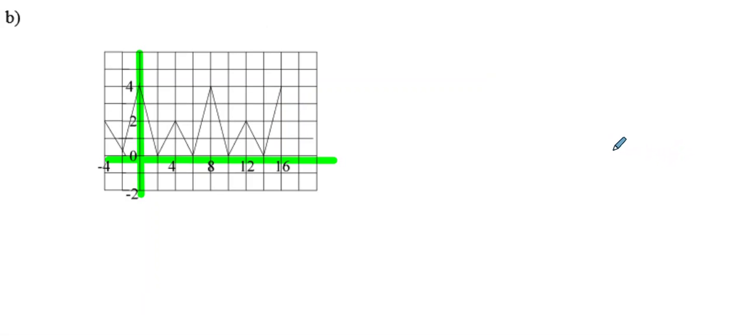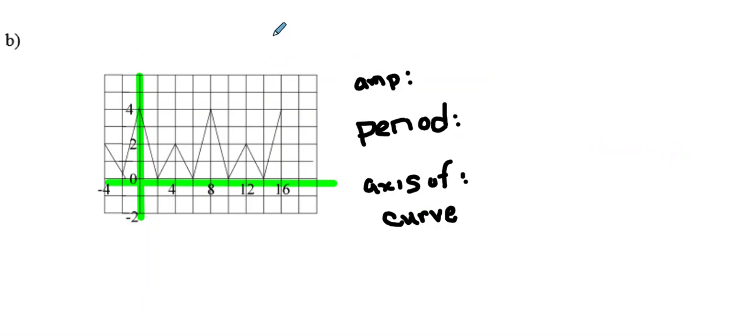When you look at this, you have to ask yourself, are the y values repeating in a regular interval? Yes, they are, so definitely it is periodic. Amplitude is from high to low. The high is 4, the low is 0, and it's half the distance between high and low, so your amplitude must be 2.